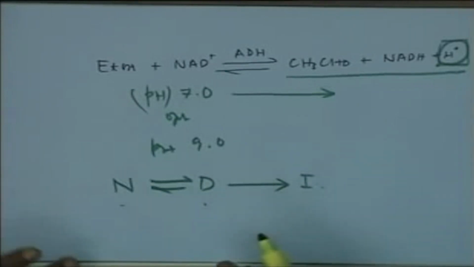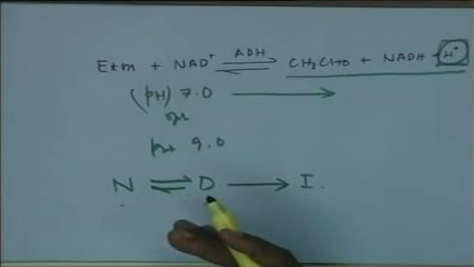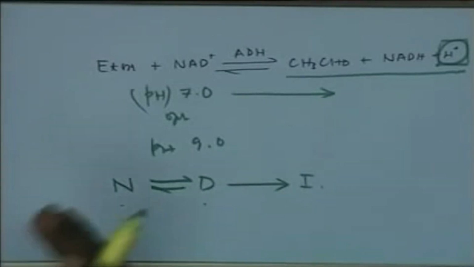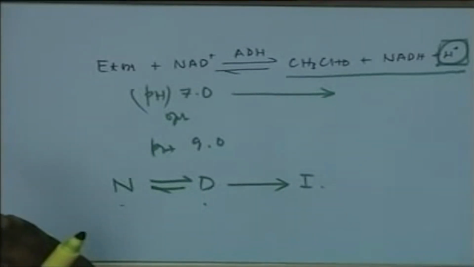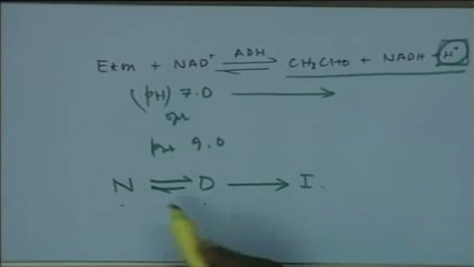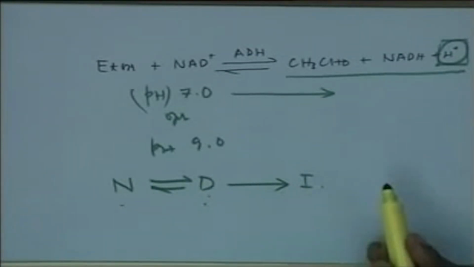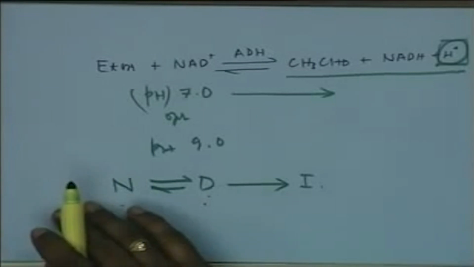A similar effect is noticed even for pH. Initially, if the pH alteration is mild, you might observe only a reversible change, and therefore the enzyme can be brought back to the native conformation. But if you change the pH further, it might undergo irreversible inactivation, which may not be possible to bring back.